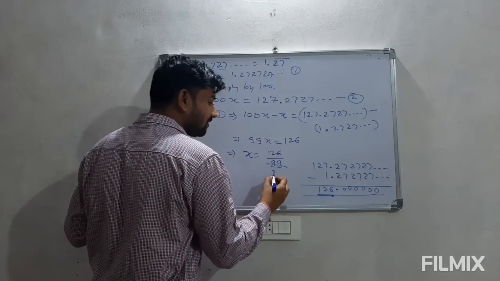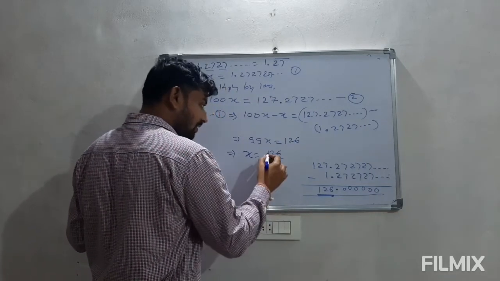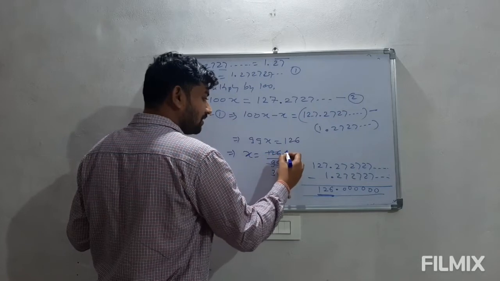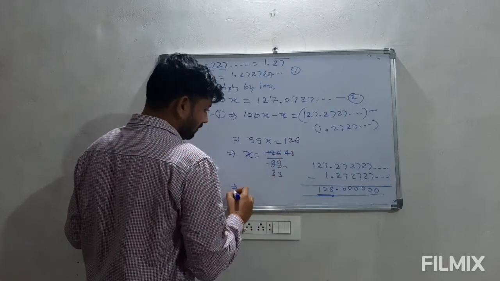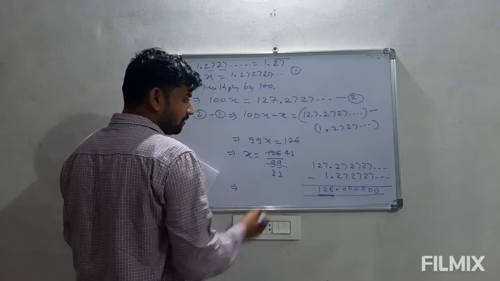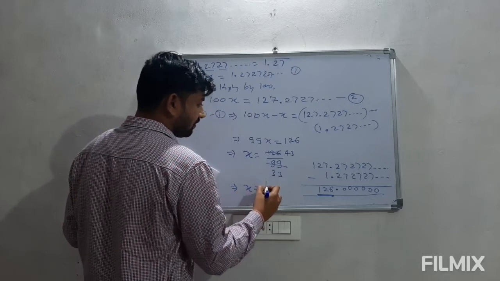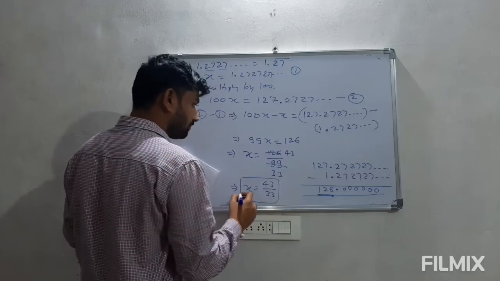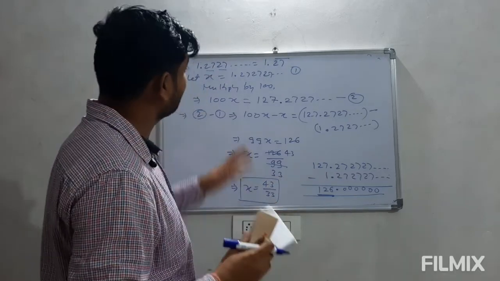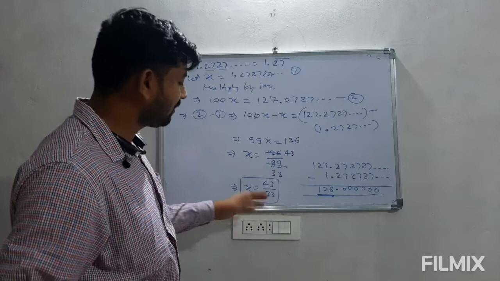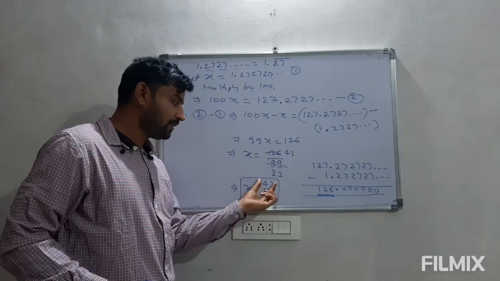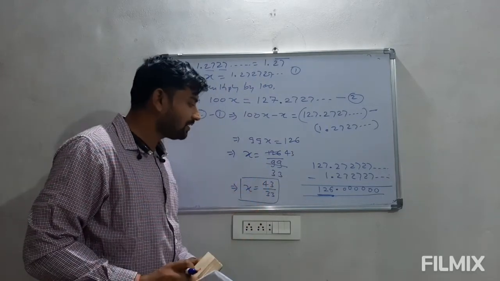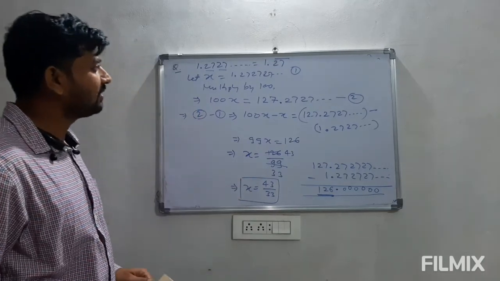Divided by 3, we get 42 over 33, and if we divide by 3 again, we get 14 over 11. This is how we represent 1.27 bar in rational form. This is how we deal with this.